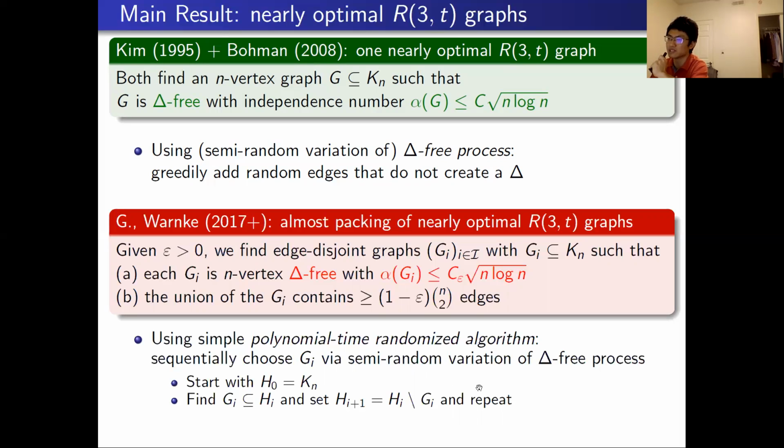And we repeat this process. So that is, we just subsequently choose G_i via the semi-random variation of the triangle-free process. And we have a polynomial time randomized algorithm to get our result with high probability, not just an argument of existence.